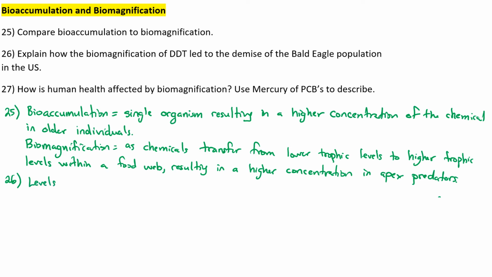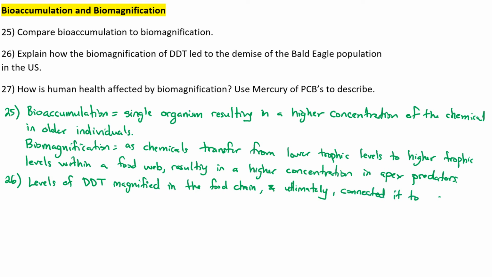So levels of DDT magnified in the food chain and ultimately connected it to the massive bird kills and thinning of the eggs in the population.